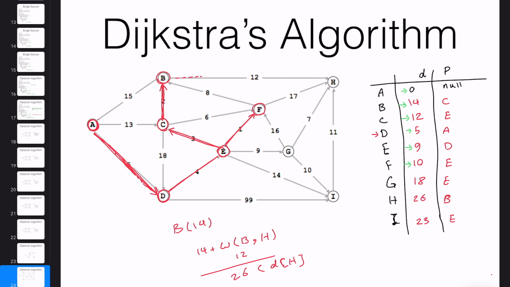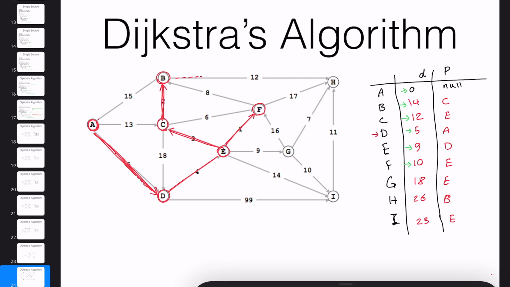Okay. So the next node that can be removed from the priority queue, if you check, you will see is the node G. This node will be removed from the priority queue with the cost 18. The parent of G is E, so this is the edge that will be added.